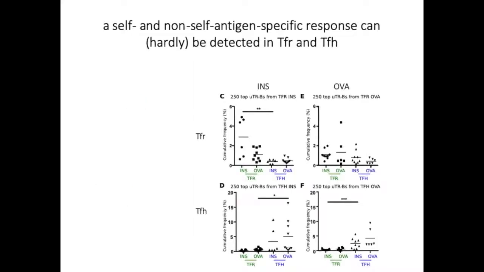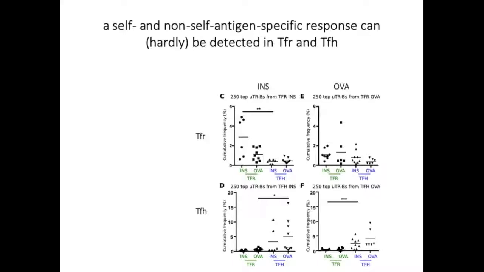Then you can look after immunization with insulin or ovalbumin to see if you can get a hint about some sharing that is linked to the immunizing antigen. So for example, in the mice that have been immunized with insulin, you look at the TFR cells and the sharing between the TFR cells that have been immunized with insulin and those that have been immunized with ovalbumin.